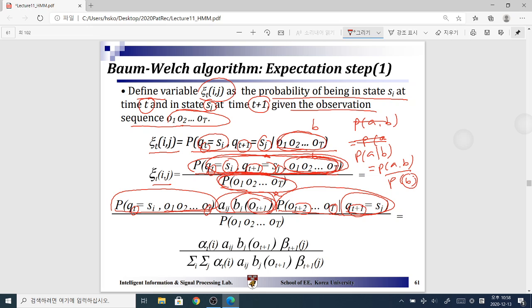And then the denominator is the same, as you can see.